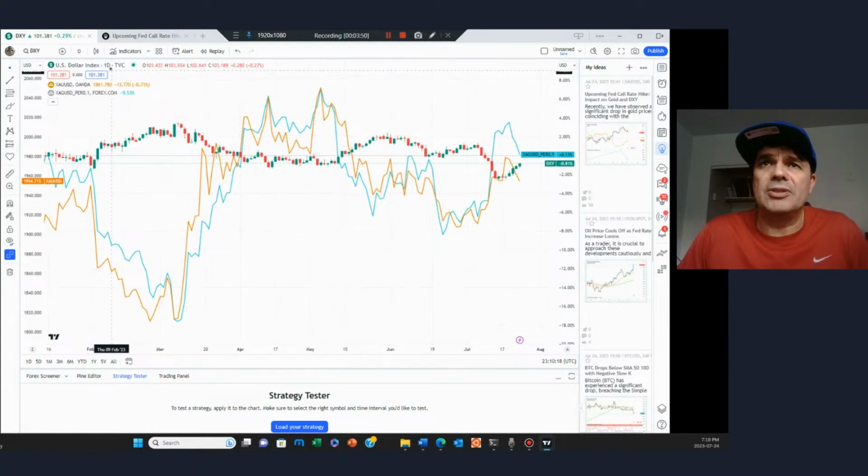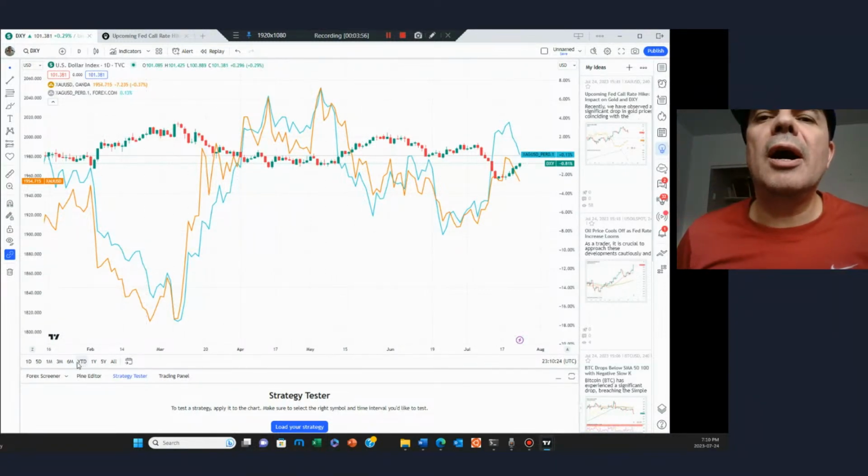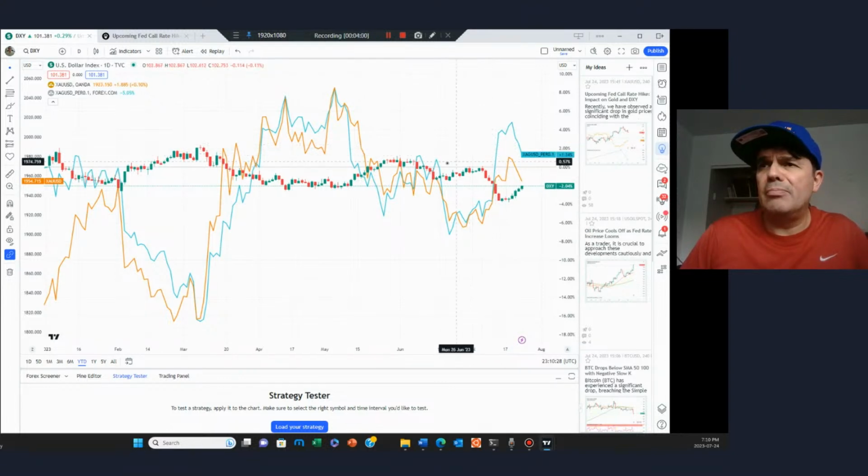Okay, so I'm going to show you a longer time frame here. Let's do a year to date. You can see here that gold has historically outperformed. Well, not historically, but since July, silver has outperformed gold.